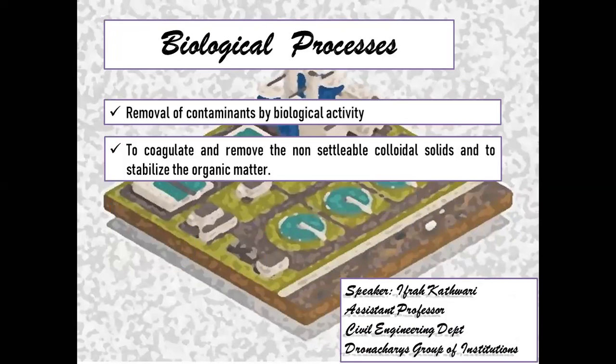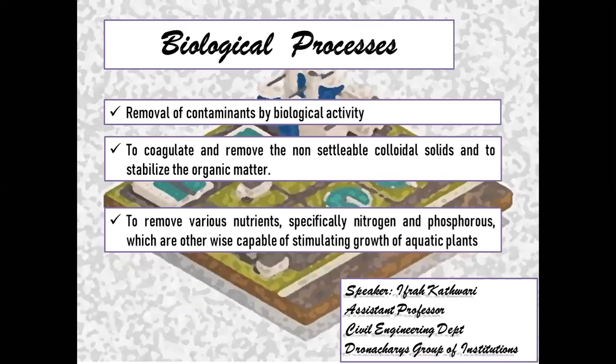We coagulate them, which means we form the large fragments of these settleable solids, and then they are removed off. Okay, and the second major objective is this biological process stabilizes the organic matter, which is the main thing in it. It stabilizes the organic matter.